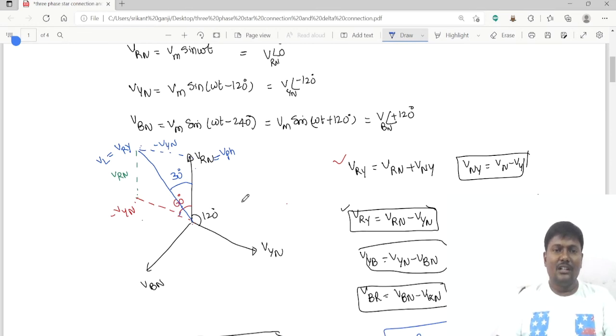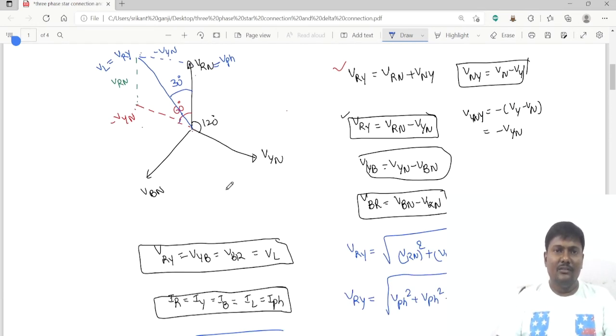If I want to draw the phasor diagram for a resistive load, the current is in phase. The angle between the line voltage and phase voltage is 30 degrees, and the line voltage leads the phase voltage by 30 degrees in a star connection. If it is a lagging load, the angle between the phase voltage and IR is phi.